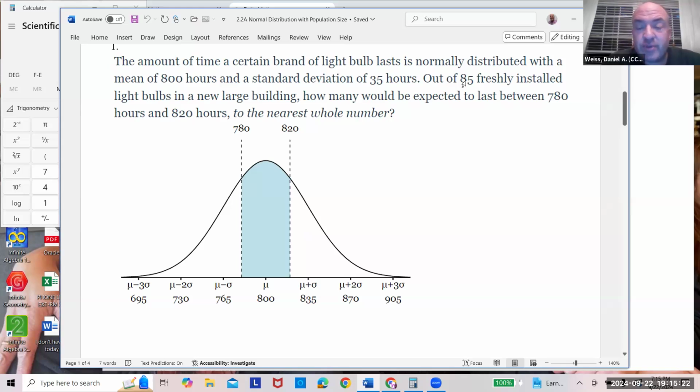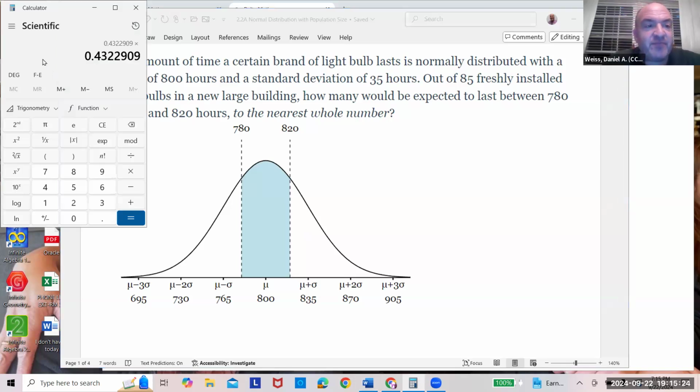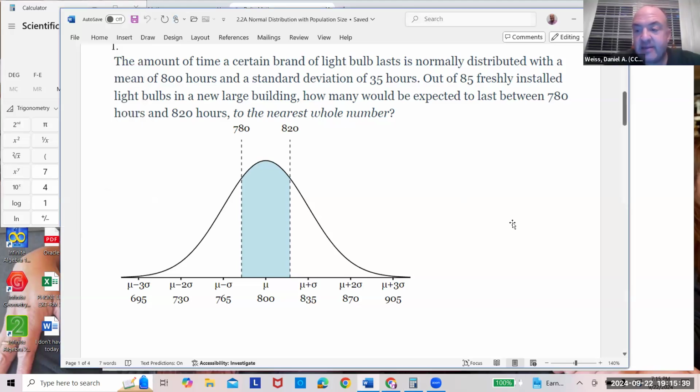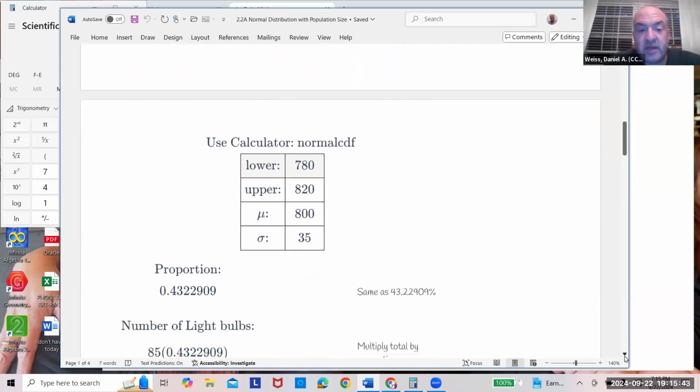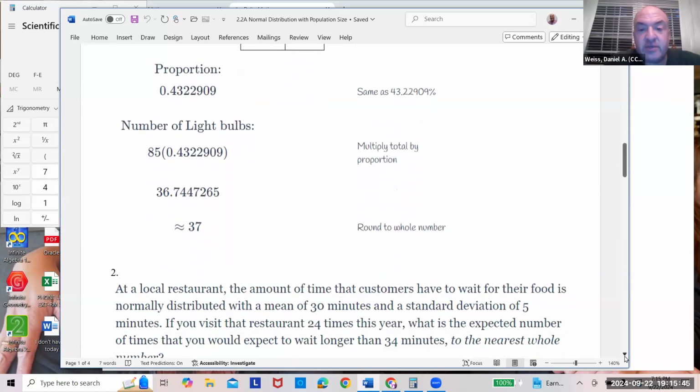So we're going to multiply by 85 equals, and your answer is 36.7. And it says to the nearest whole number, so your answer is going to be 37.